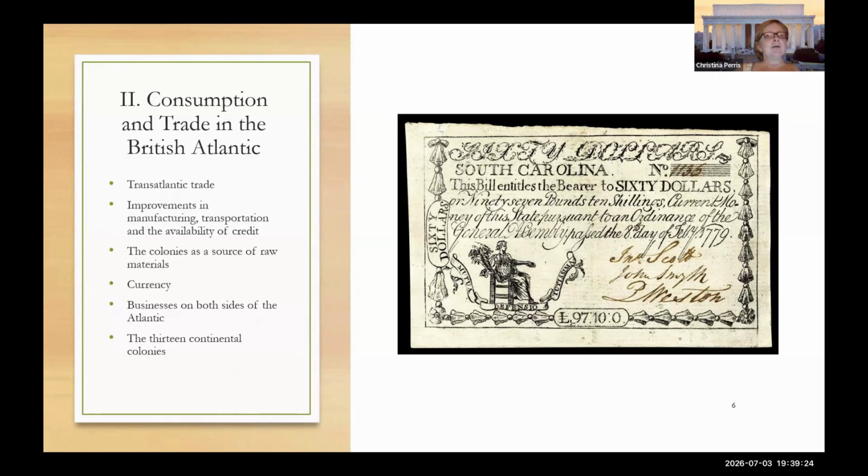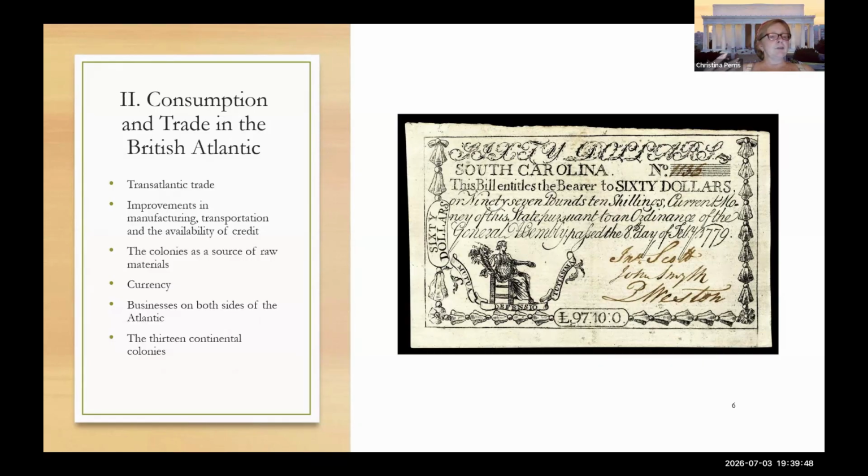And we're going to see how that's going to backfire on everybody. So as we come up to improvements in manufacturing, transportation, and the availability of credit, it actually increases the opportunity for colonists to purchase consumer goods. This is going to have massive implications with how colonists are going to be able to live their lives.